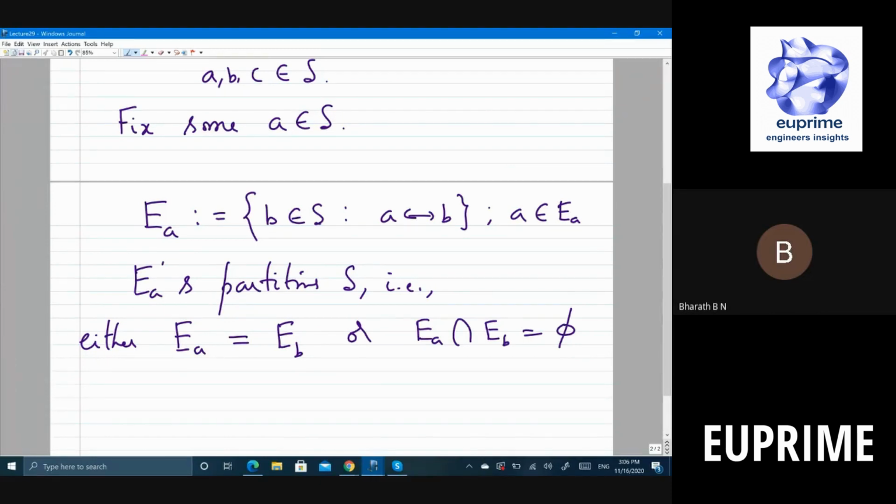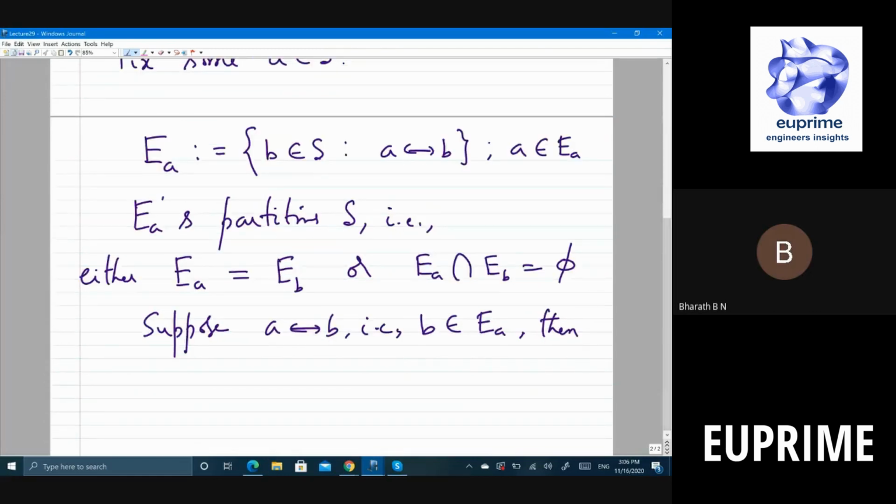If you take A and B, let's look at two cases. Suppose A communicates with B, that is B belongs to EA. Then we need to prove that EA is the same as EB. Do you agree? You can see this clearly, EA equals EB. Why is that the case?